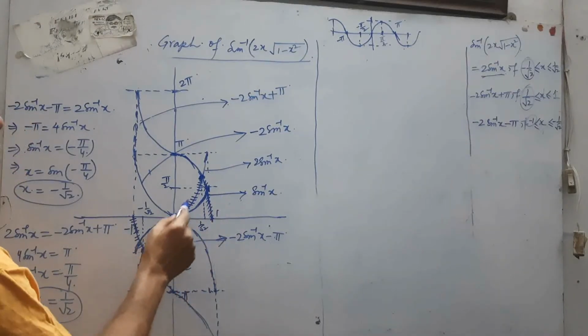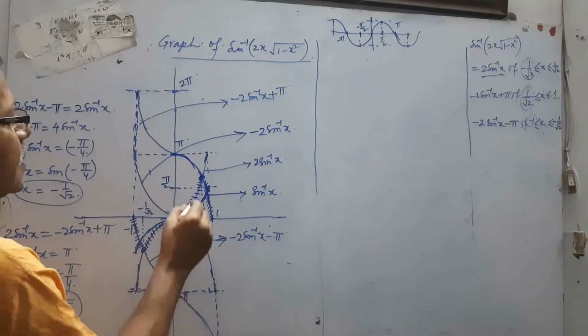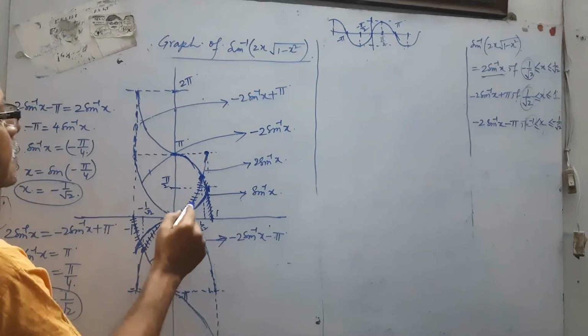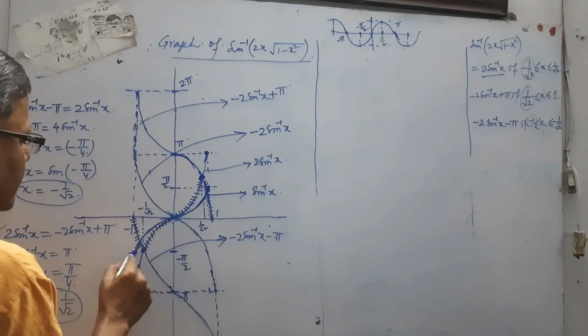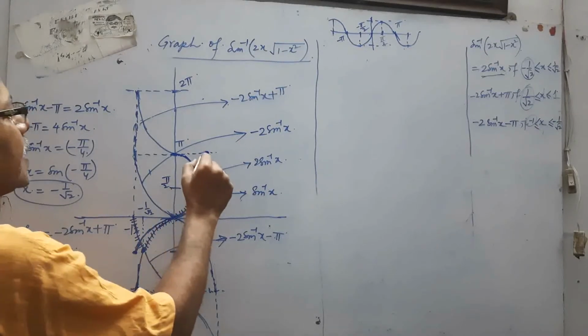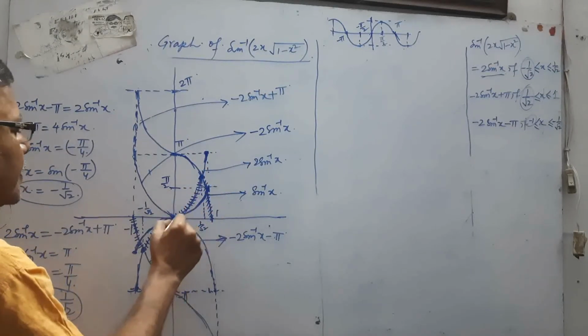And if you multiply this sin inverse x by 2, then you can find that this point will be shifted over here. So this and this point will be shifted over here. 2 times it will shift. So that we are getting the new curve, that is 2 sin inverse x over here.